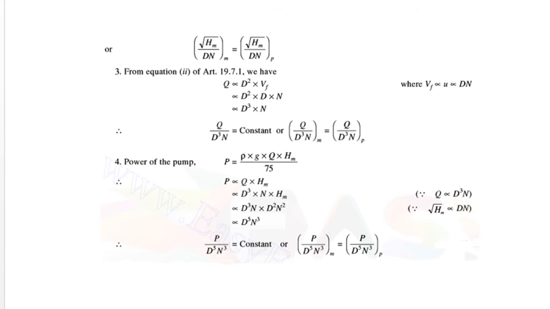Third equation is Q proportional to D square into Vf. Why?